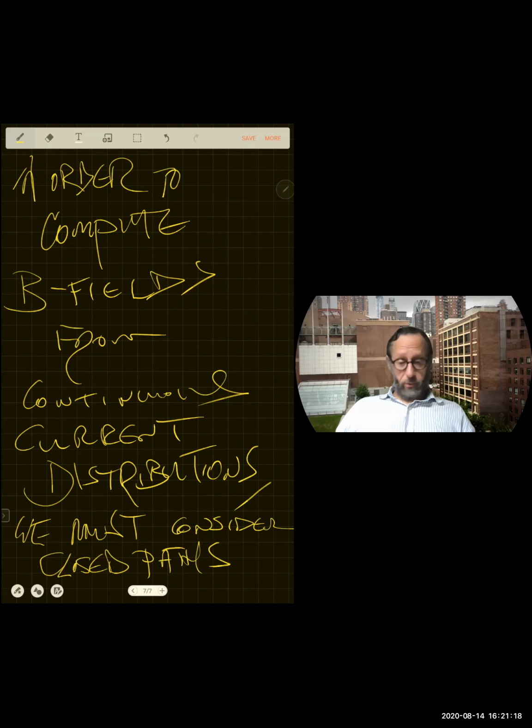Therefore, they don't net flux out of surfaces. So we can't use closed surfaces in order to compute magnetic fields. Because they're closed paths, we cannot use closed surfaces to get anywhere in understanding them. What we use instead is closed paths, because that's what they are.